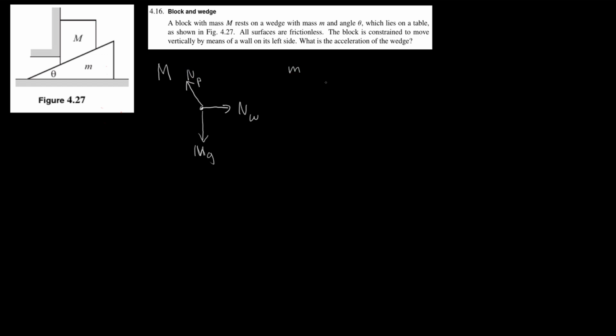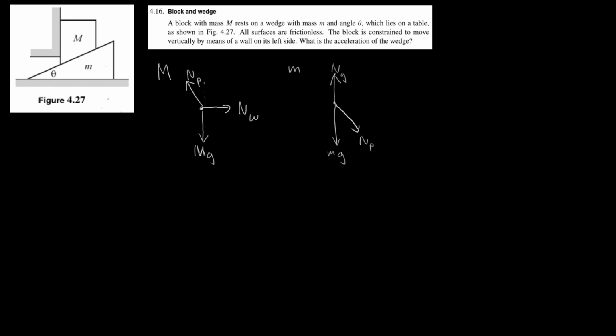As for the little block right here, this will feel, first of all, an equal and opposite reaction force from the block that's sitting on top. It will feel its own weight, little mg, and it will feel a normal force from the ground. And let's label these angles.